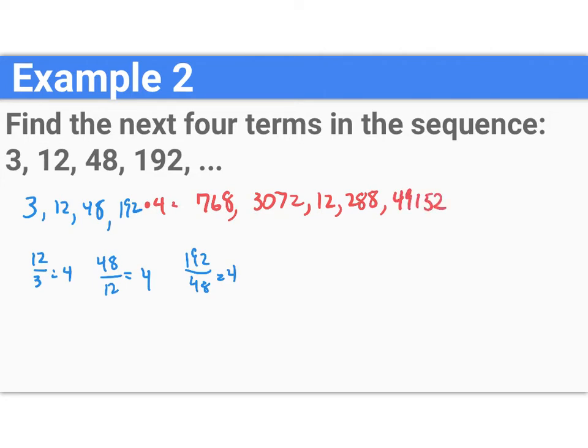You know what? Let me erase this comma out of here so you don't get confused. This is not one number. These are 4 separate terms. So 768 times 4 is 3072, times 4 is 12,288, times 4 is 49,152.